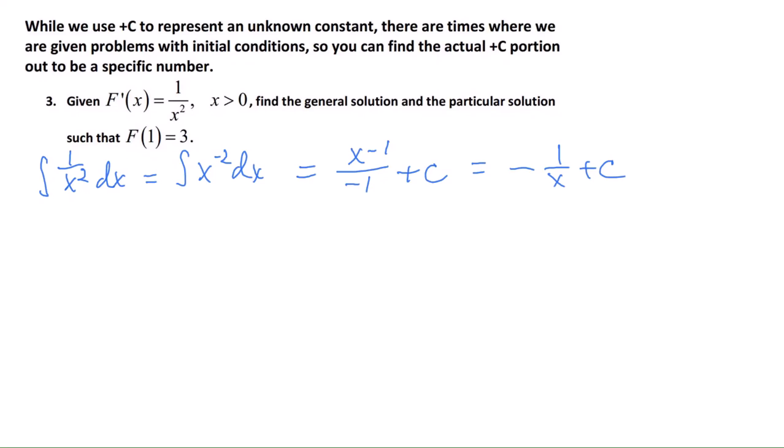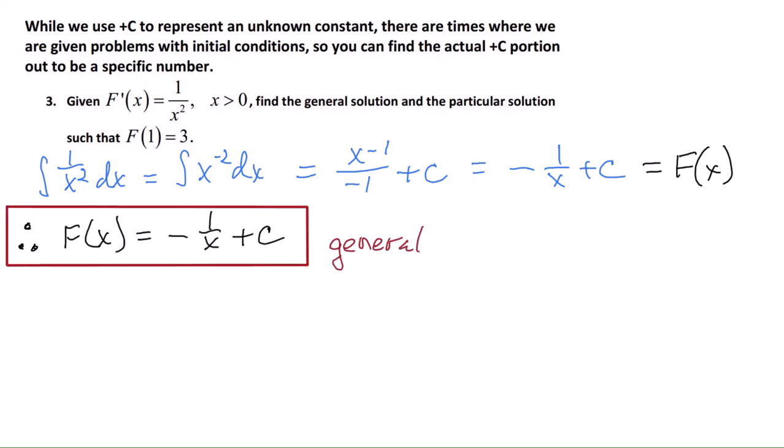And so finally I'm just going to write it like this so I don't have any negative exponents anywhere. So what does that represent? Well, that represents my original function, f of x. So I could rewrite that and say, well, all right, f of x equals negative 1 over x plus c. Now that's our general solution.